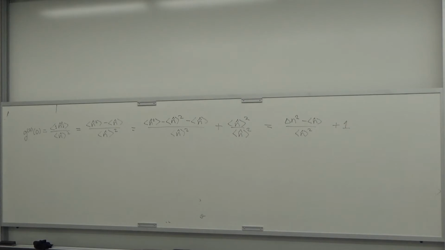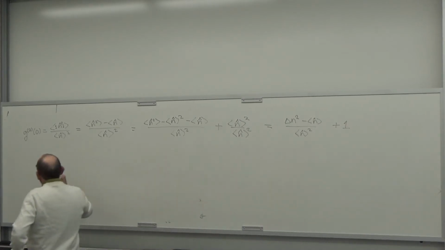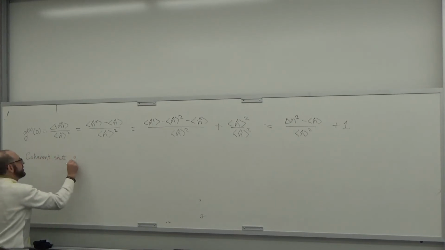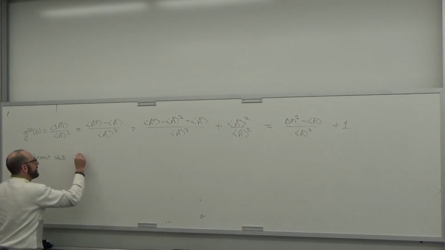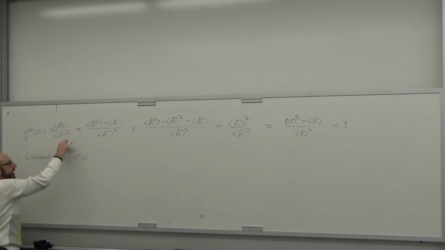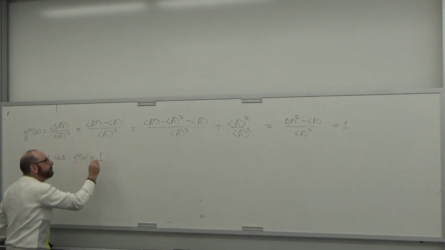So if I have a coherent state, G2 at 0, which is the ratio here of the coincidences compared to accidentals, is 1.